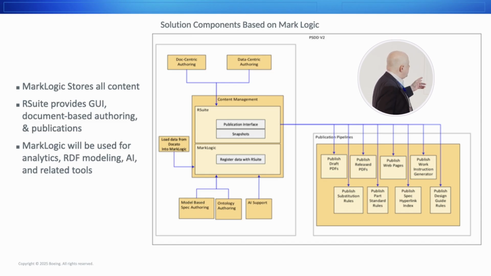There's model-based spec authoring. There are teams working on the ontology, but the ontology isn't integrated with MarkLogic yet. And there's other work in terms of refactoring specs and so forth being done by other teams. And then over here, there are publication pipelines. So it's basically a single source of data, and many different forms it can take is the pattern here.